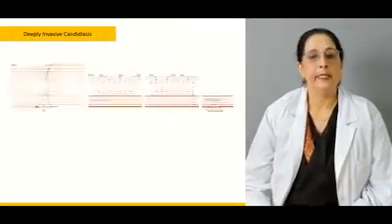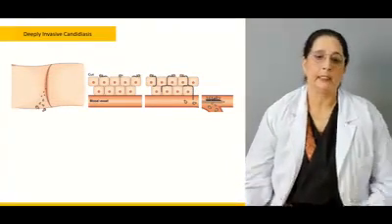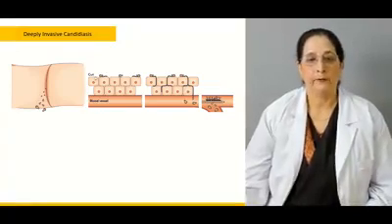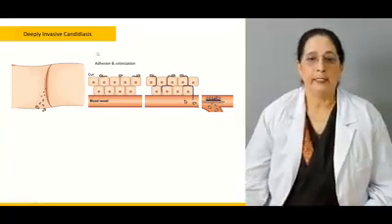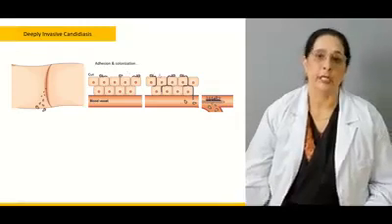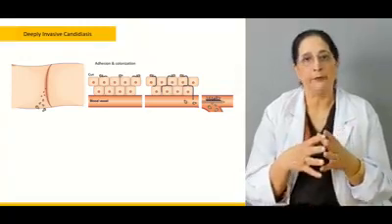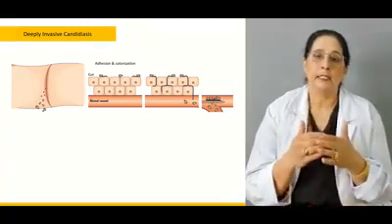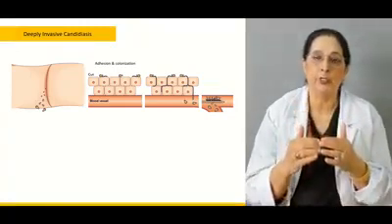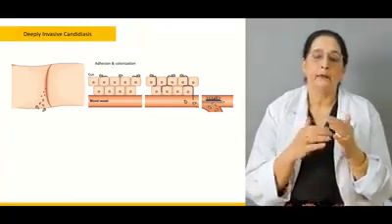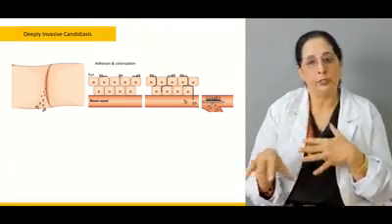Next is deeply invasive candidiasis. Deeply invasive candidiasis, if it is from the gut, spreads to the blood vessels and invades deeply. First, there is adhesion and colonization. We already mentioned the pathogenesis and how the spread of candidiasis occurs. There is adhesion, then invasion, then seeding into the bloodstream, and endothelial colonization, and then invasion into the blood vessels.